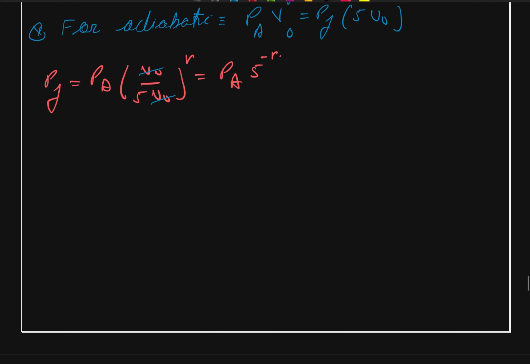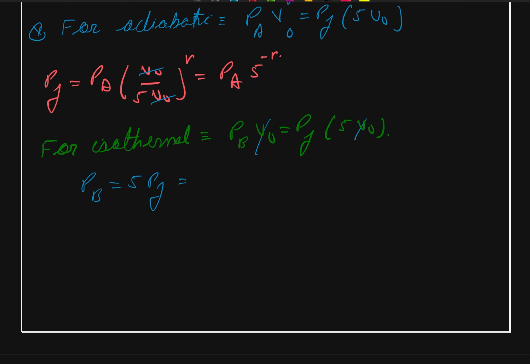And now we come to our isothermal. Isothermal, we can write that our PB V naught is equal to PF 5 times V naught, and V naught and V naught goes away. Therefore, we get our PB is equal to 5 times PF, or we can say our pressure final is equal to PB upon 5.